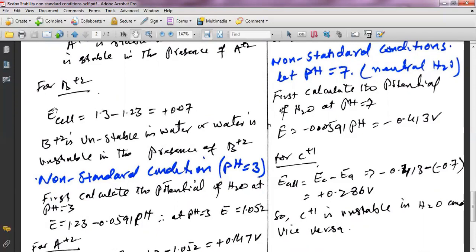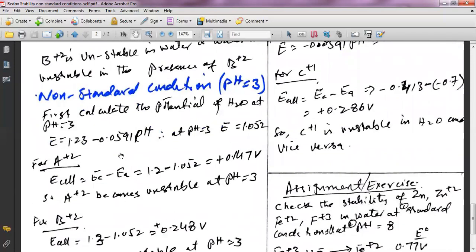So this plus is indicating that B plus 2 is unstable in water, or water is unstable in the presence of B plus 2. So at the given condition, A plus 2 is stable and B plus 2 is unstable at standard conditions.